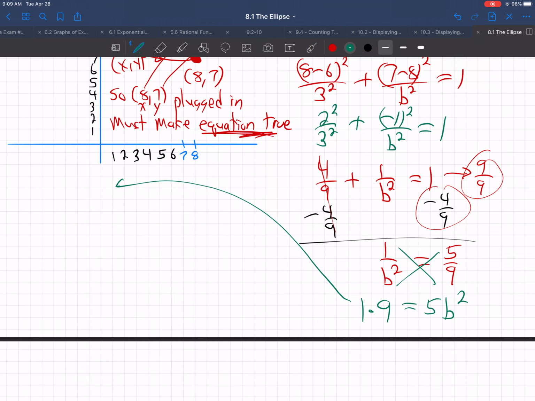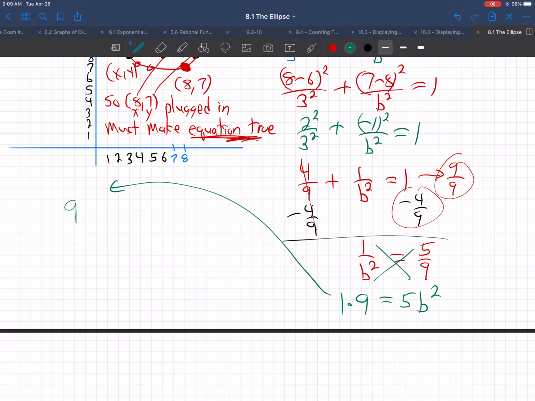I'll bring it over here. So 9 equals 5b squared. Let's finish solving for b. Divide by 5. b squared is 9/5.